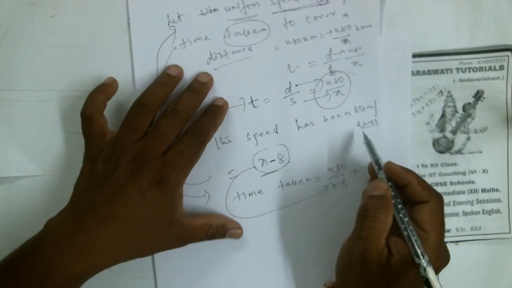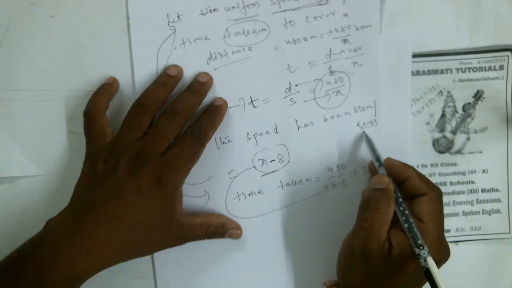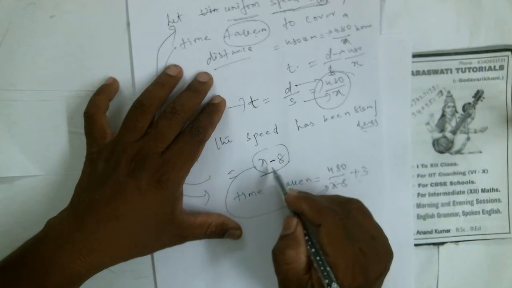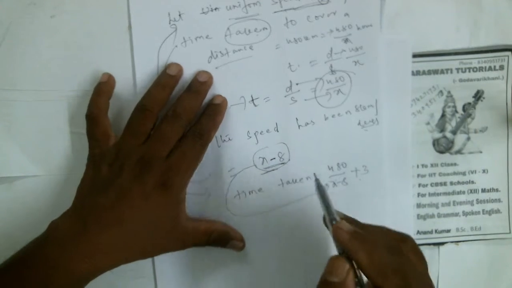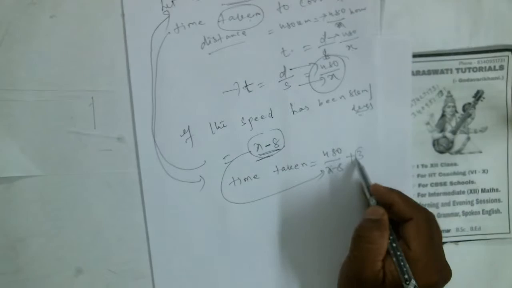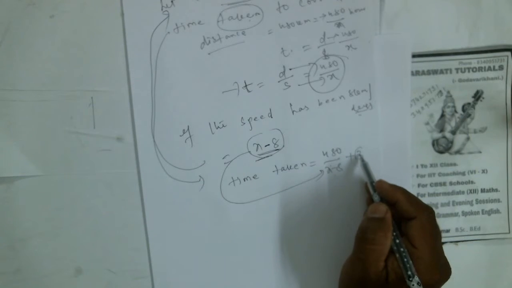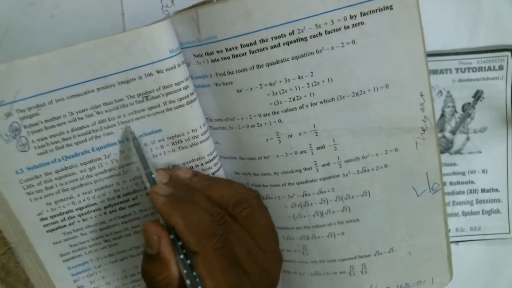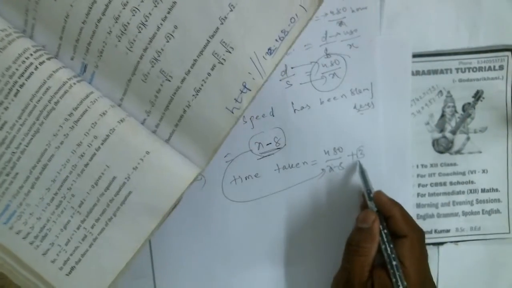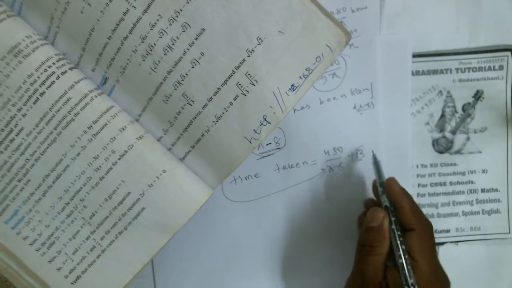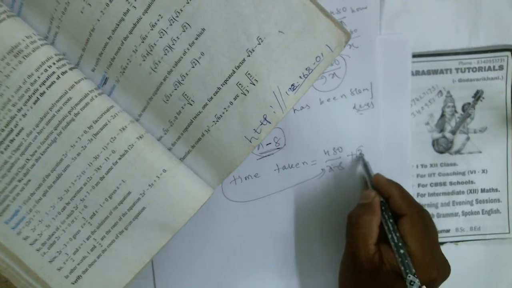Okay, but here the speed has been 8 kilometers less, which means we have to subtract here, but the same distance is going to be covered. Here 3 hours more means we have to add here plus 3.